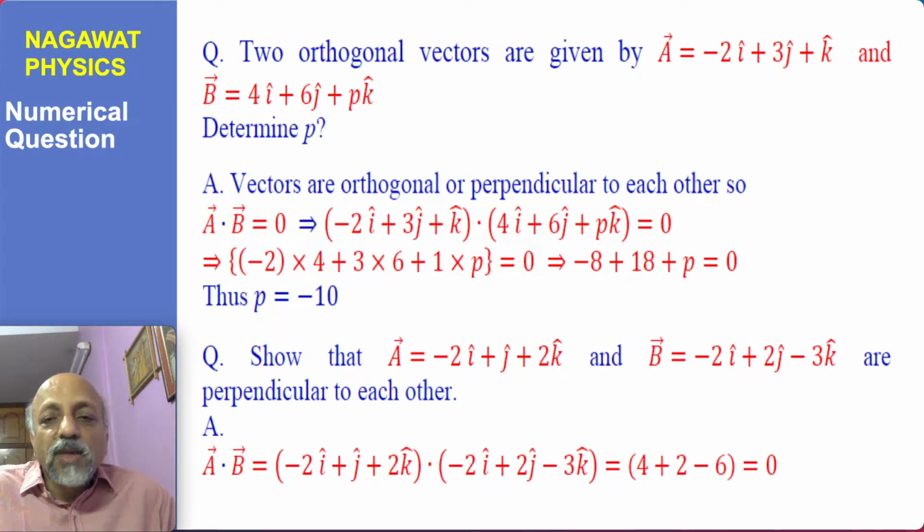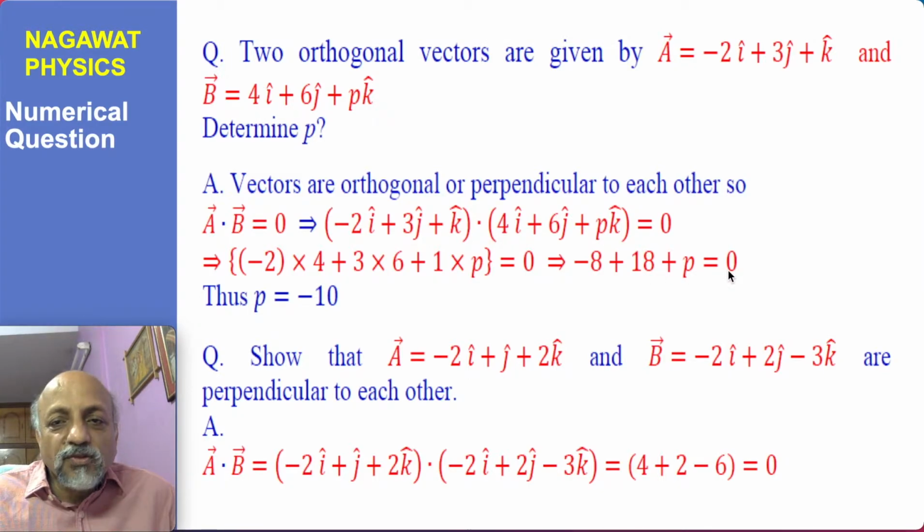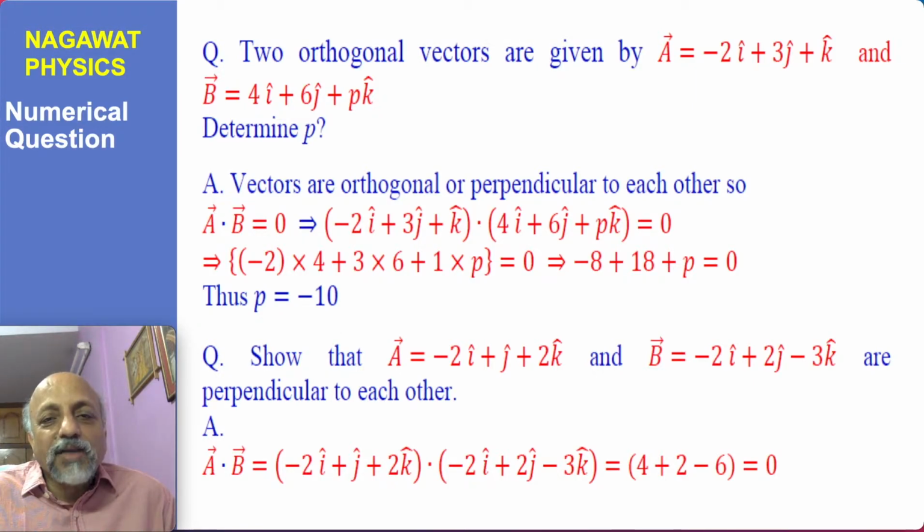So A dot B is equal to minus 8 plus 18 plus p, and this should be 0 because the two vectors are orthogonal, and you have to determine the p which makes the two vectors orthogonal. So minus 8 plus 18 plus p equals 0. So p plus 10 equals 0, or p equals minus 10. The problem is solved.